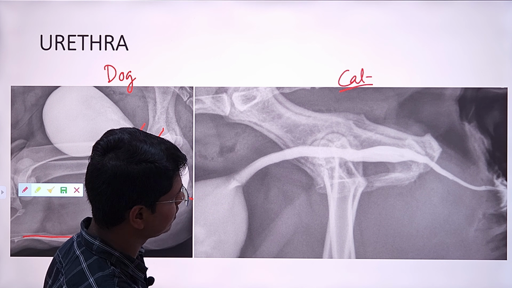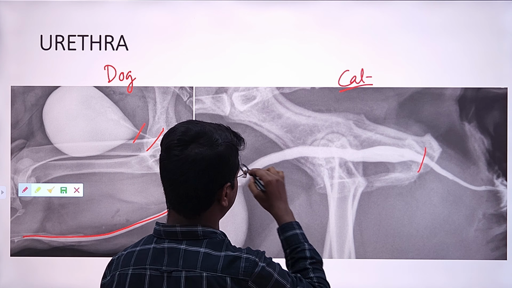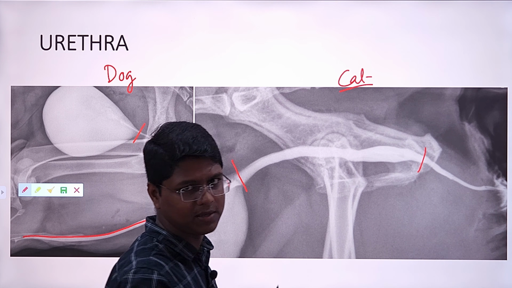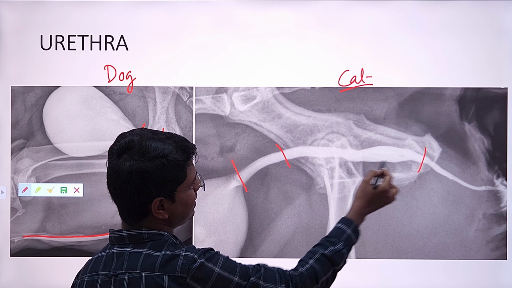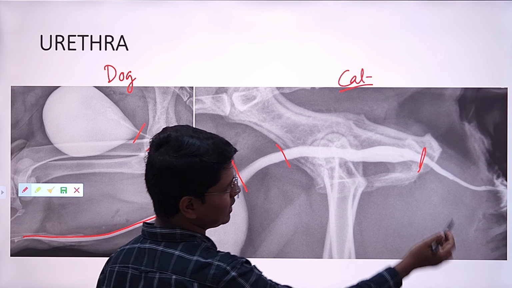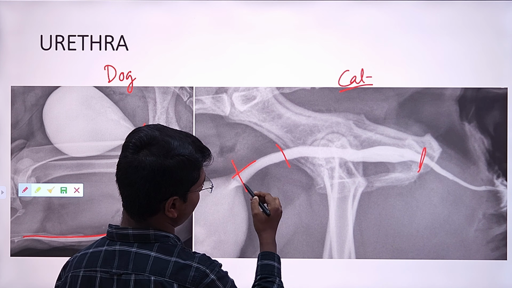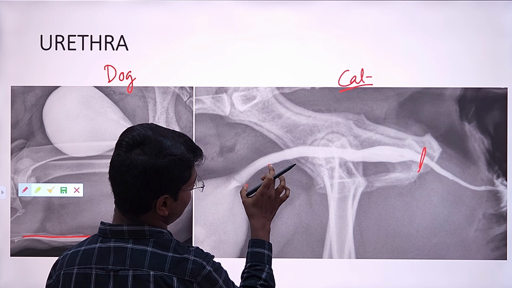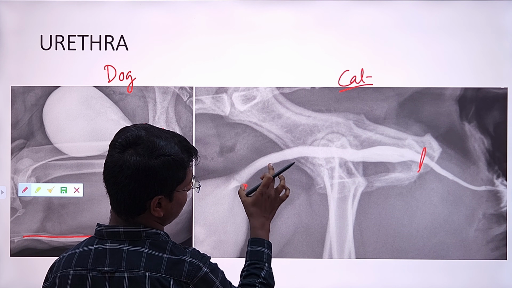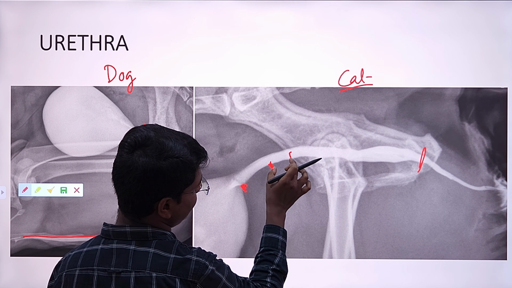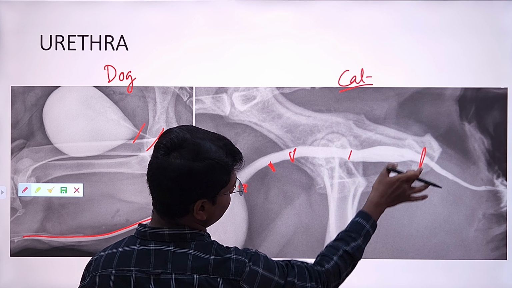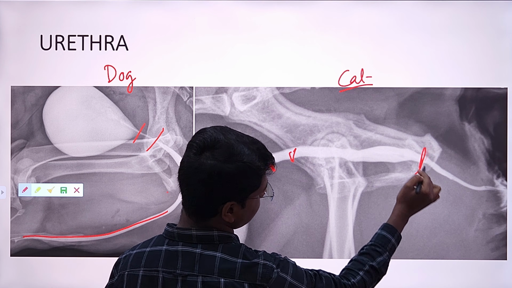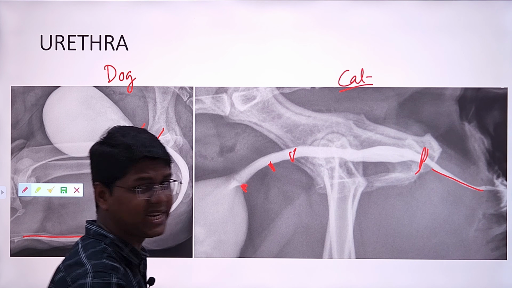In case of dog, this is up to the pelvic urethra, usually pre-pelvic, and this is pelvic urethra. Usually the neck is slightly longer, so you will find a smaller, sorry, I actually marked wrong. The neck is up to this level, they have a longer neck. So the urethra has a pre-pelvic part and the pelvic part up to this one, then the penile part.